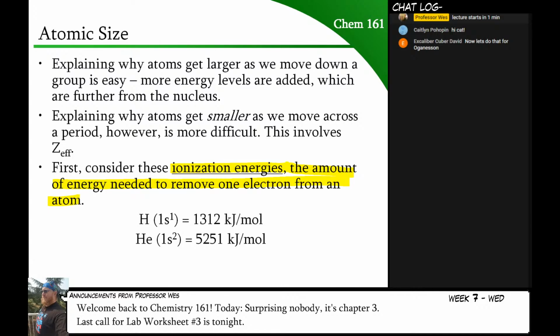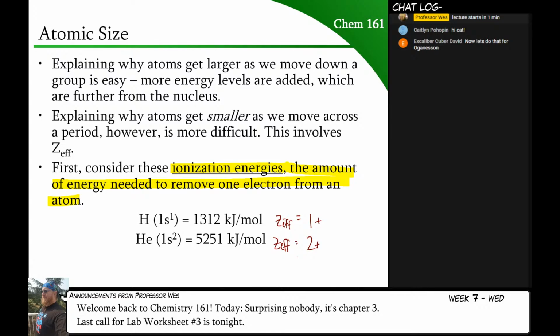Now, how do we explain these numbers in terms of Z effective? Well, for hydrogen, Z effective is just 1 because there's 1 proton. For helium, Z effective is 2. So helium's nucleus is pulling twice as strongly on the electrons than hydrogen can.